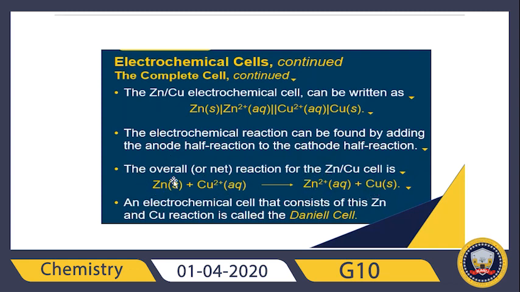So as we said, the zinc here is oxidized because it lost 2 electrons, so the zinc atom will become what? It will become an ion, while the copper ion on the other side of the cell is reduced. This copper ion will accept the electrons from the zinc, and it will form the copper atom.